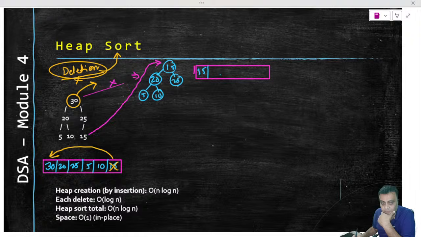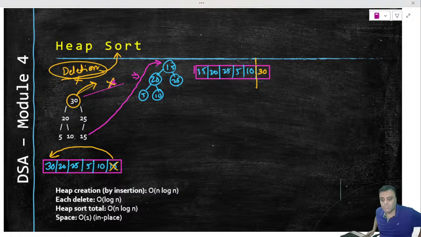So 15 goes there. And then we have 20, then we have 25, then we have 5, then we have 10. But this space, I told you this 15 has gone to the front, 30 is deleted, so this space becomes free. So in this free space, instead of killing this 30, I will put this 30 here.